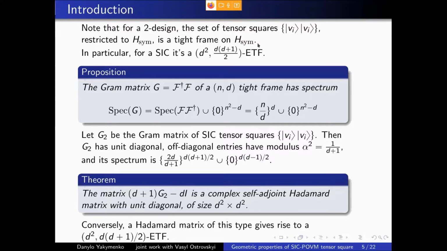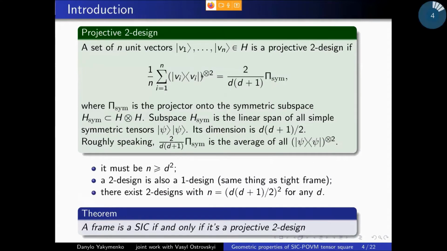We can just go back for a moment, right? Because this is just a projector on ket v_i tensor ket v_i, right?